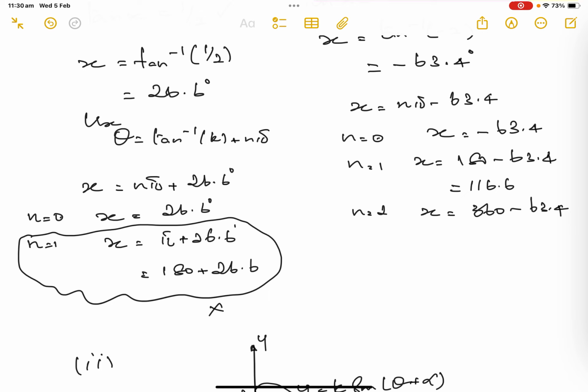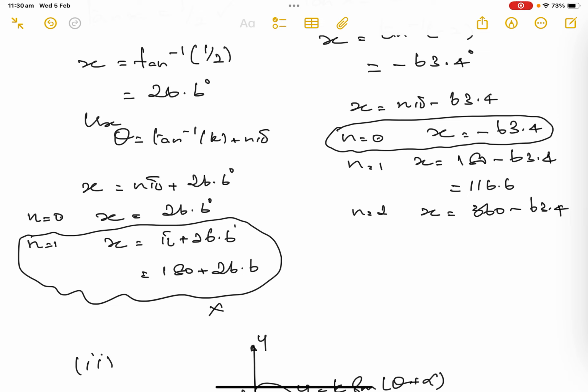Let's look at this side. Again x equals n pi minus 63.4. When n equals 0, x is minus 63.4. We need the value of x to be positive, between 0 and 180.